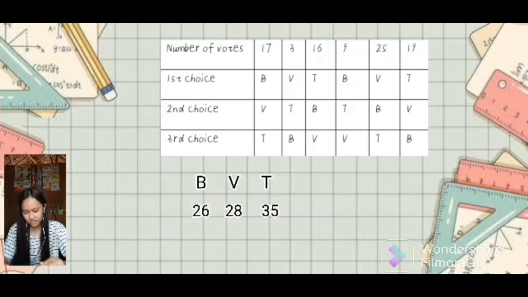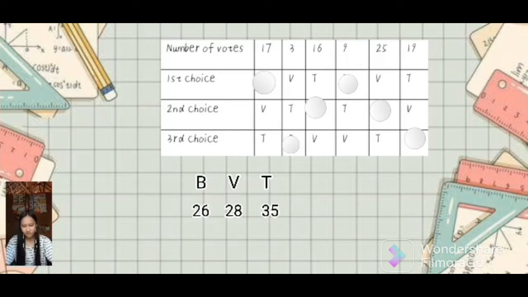Kaya sa plurality with elimination, meron ma-eliminate. Yung pinakamababang votes, siya yung ma-eliminate. So, si basketball ay ma-eliminate, kaya tatanggalin na po natin lahat ng B sa choices. After po nun, eliminated na nga po si B, which is yung basketball.